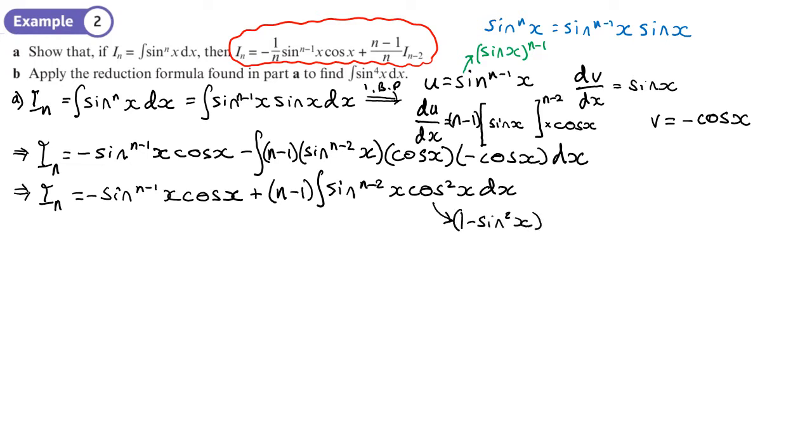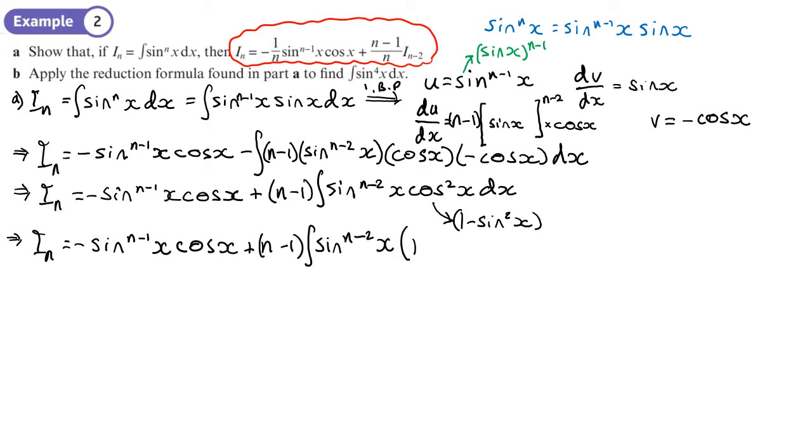So we'll do that and write down what we get when we make that substitution. So I sub n equals negative sine n minus 1 cos x plus n minus 1 times the integral of sine n minus 2 x times 1 minus sine squared x.